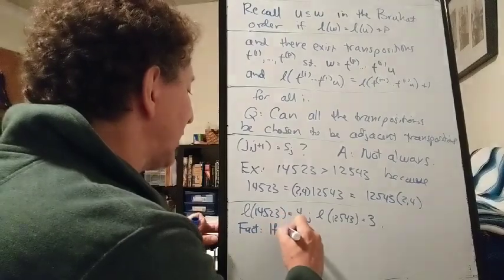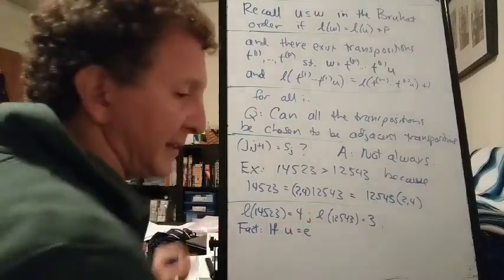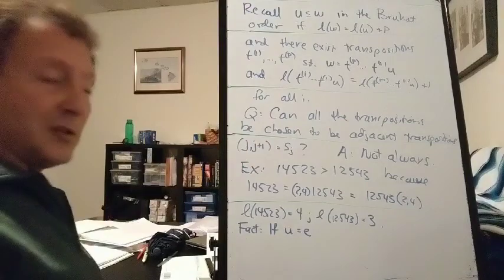But if the lower permutation is the identity, then we can just use adjacent transpositions.